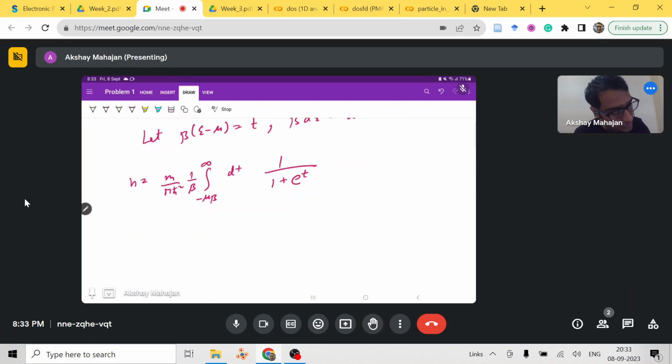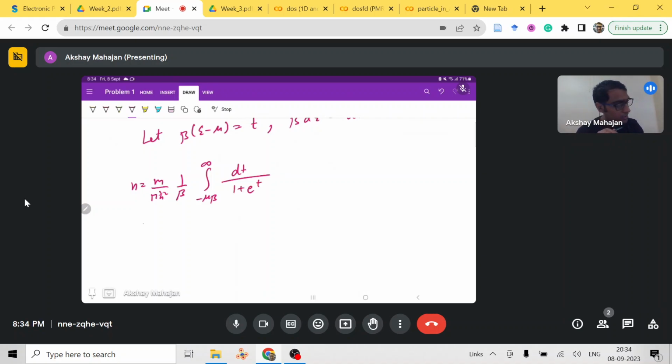So I will have n equal to m upon pi h bar squared times 1 by beta times the integration from minus mu beta to infinity of dt upon 1 plus e to the power t.